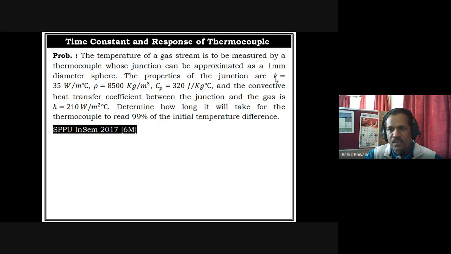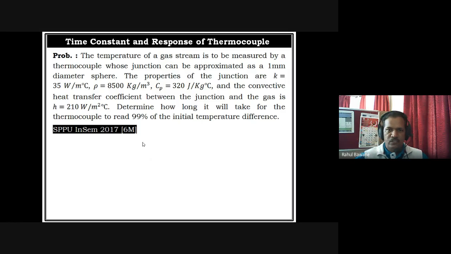The properties of the junction are: thermal conductivity K is 35 watt per meter degree centigrade, density is 8500 kg per meter cube, specific heat is 320 joule per kg degree centigrade, and the convective heat transfer coefficient between the junction and the gas, H, is 210 watt per meter square degree centigrade. Determine how long it will take for the thermocouple to read 99% of the initial temperature difference.